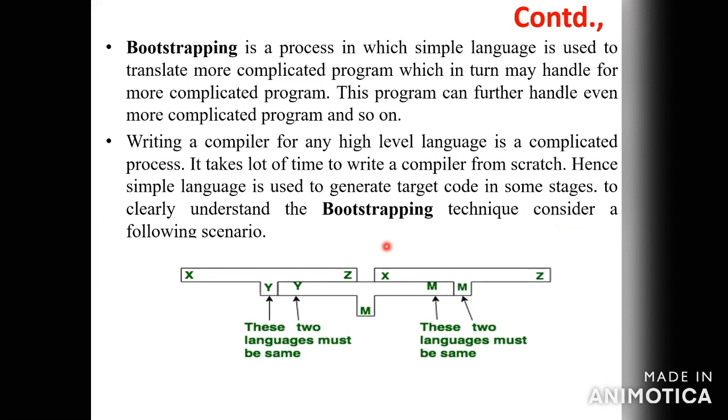So we are getting a more complicated program and I get the output in the target language. But the machine only understands machine code, not the different formats. The CPU does not understand anything else, only machine language. That is what we are doing in the implementation part.